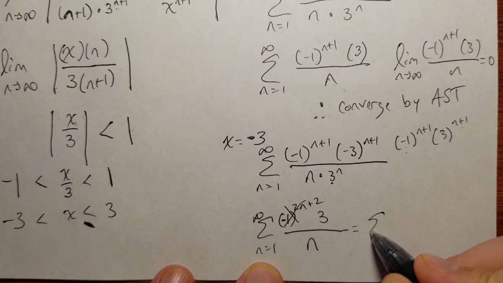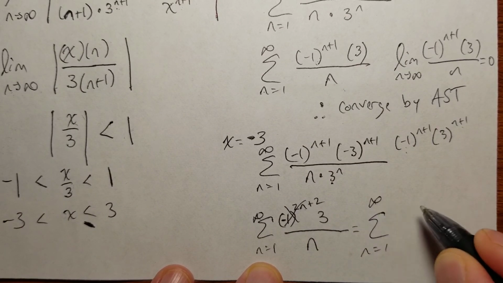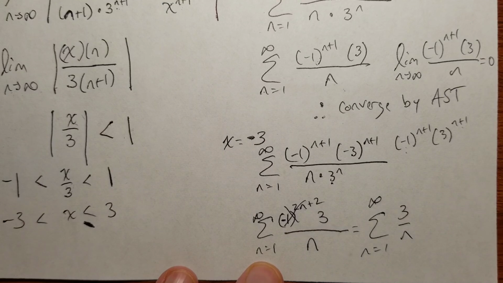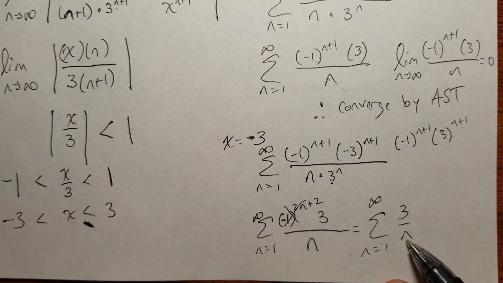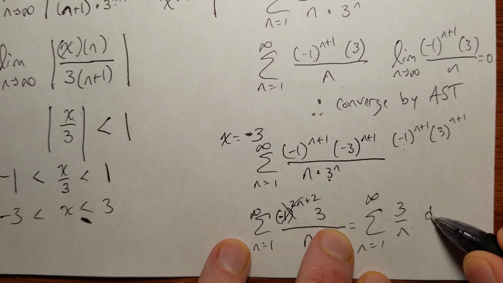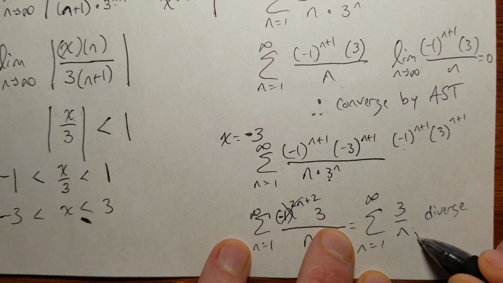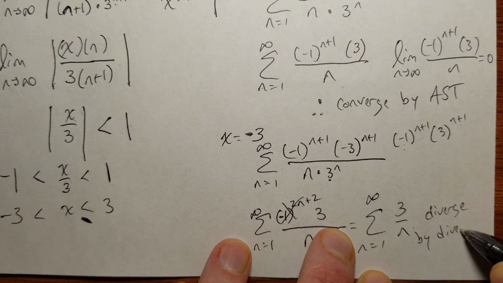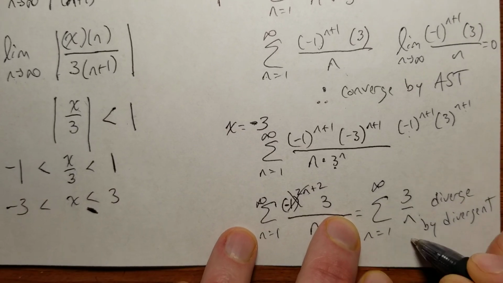We can say that this series is from 1 to infinity of 3 over n, which, n to the first, you can recognize as a divergent harmonic series, or a p-series, whichever one suits you best. This one is going to diverge, and I'll say the divergent harmonic series.